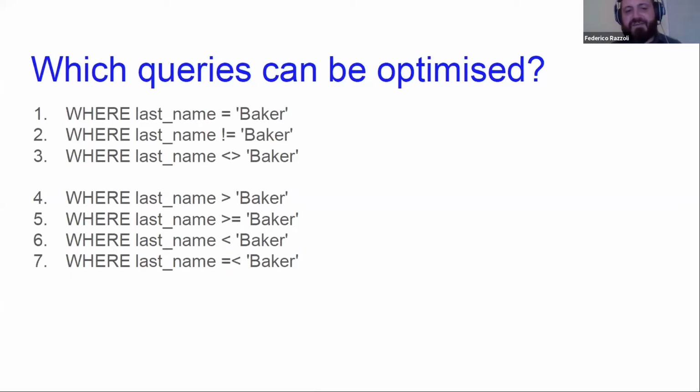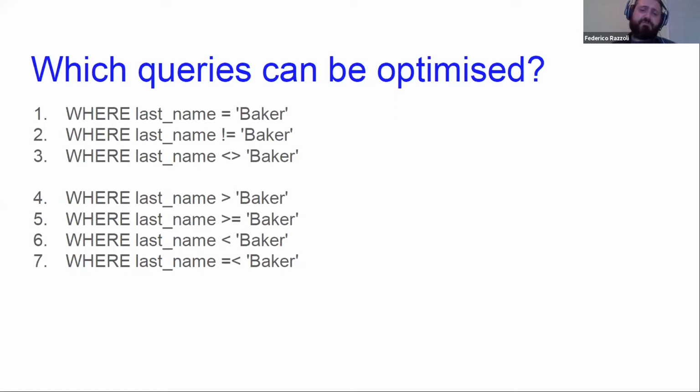The thing is, trying to implement any type of optimization for not equal in MySQL or in any other database would be basically a waste of time. It would just complicate things, but the performance will remain substantially the same. So the takeaway is not equal is an operator that cannot use any index.